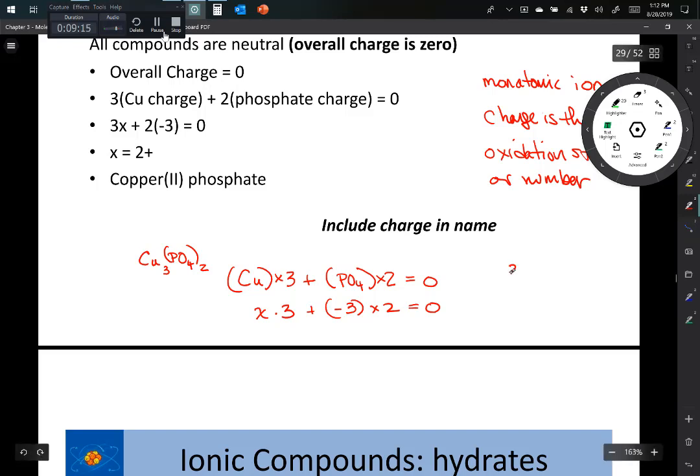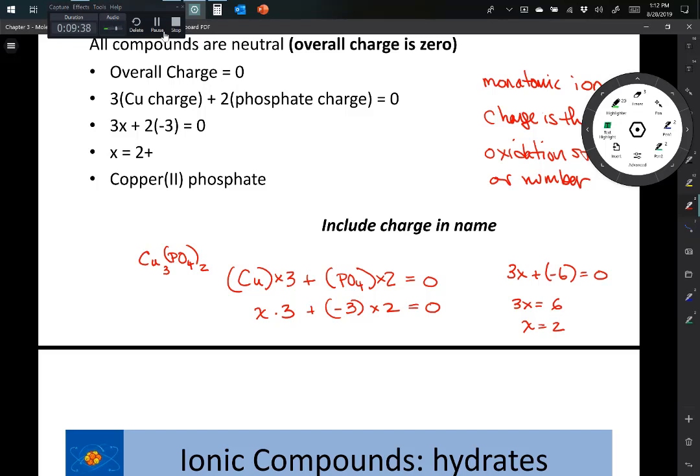So 3x plus -6 is equal to 0, so 3x is equal to 6, so x must be equal to 2. So that's how I got that number. That's like the long way of doing it, okay?